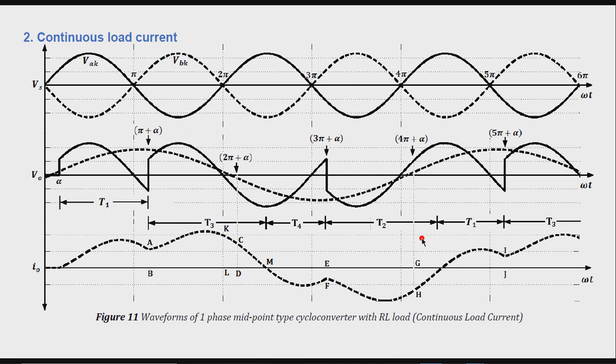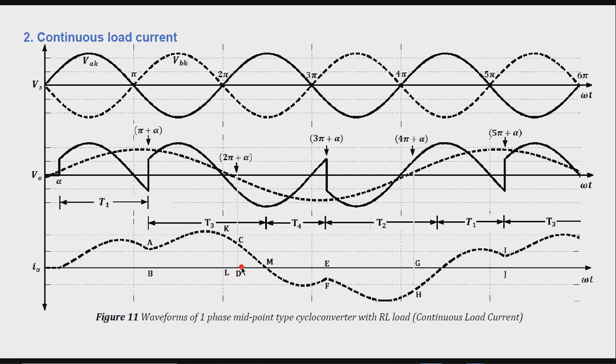For the two negative half cycles of the output voltage and output current, i0 is shown in the waveform diagram. It is seen from the load current waveform that i0 is symmetrical about the omega t axis.